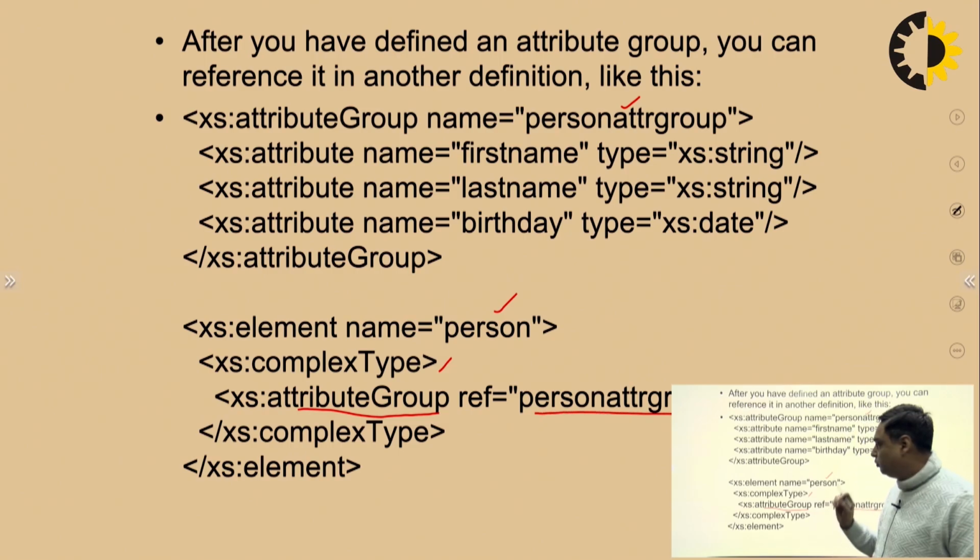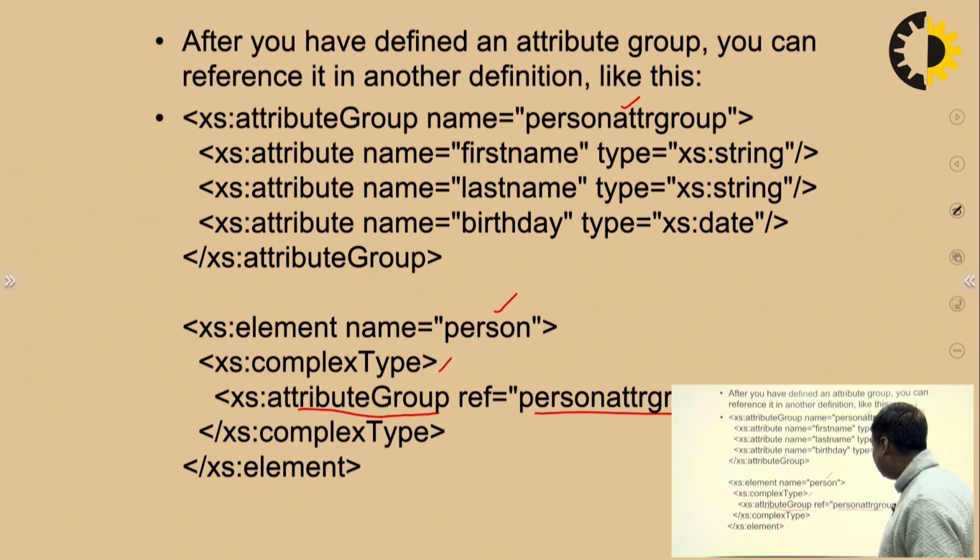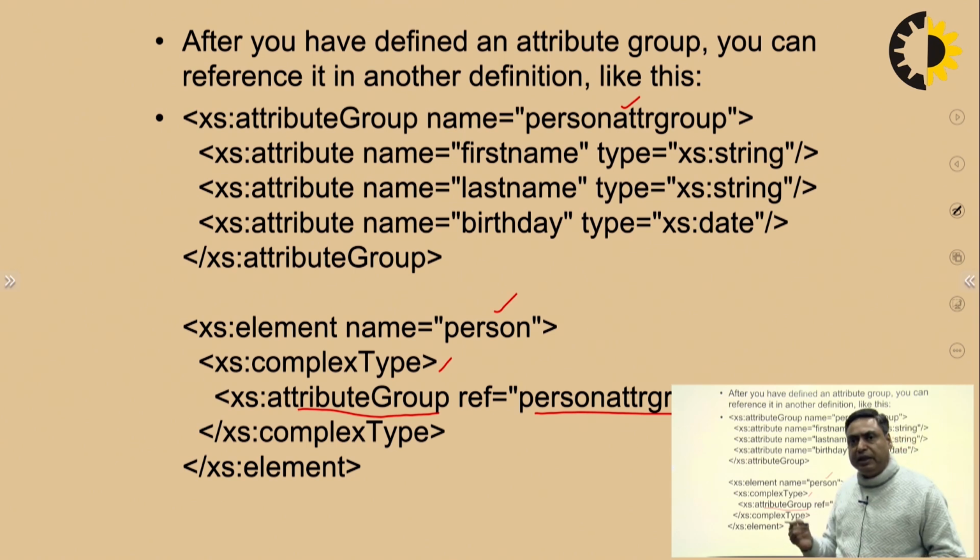Whenever we define the XML file for this person, these three attributes, first name, last name, birthday, will be available with the person element. So this is the way we can group the attributes also, and we can group the elements also. The beauty of the group indicator is that when a group is constructed, you can refer to it many times, in many other elements also.